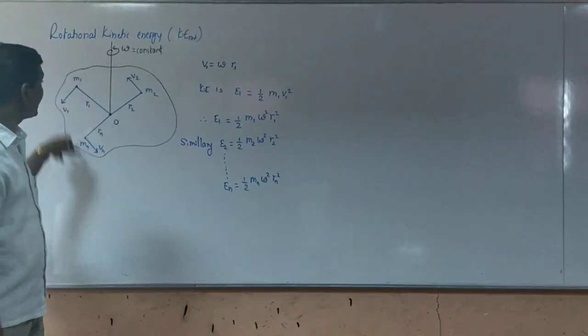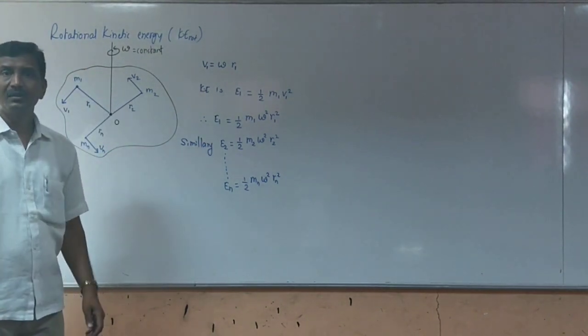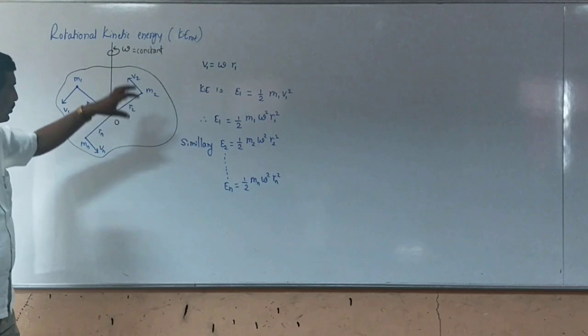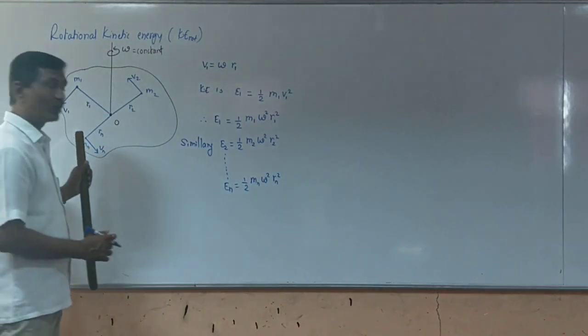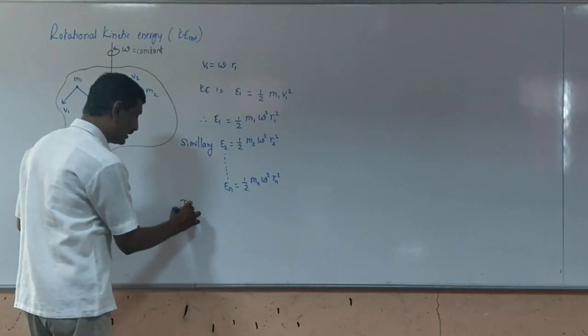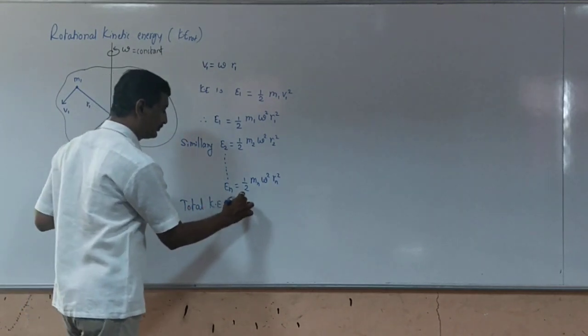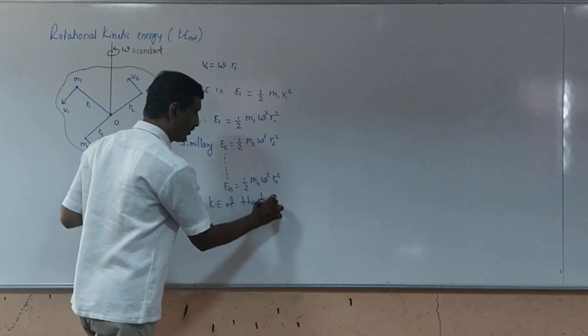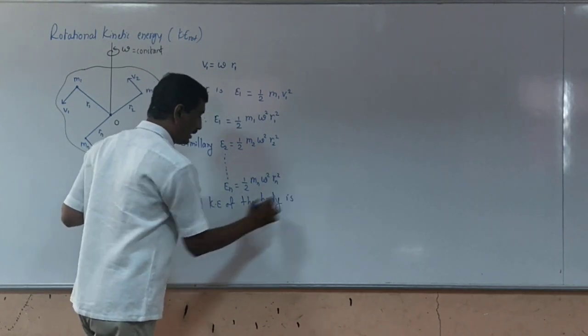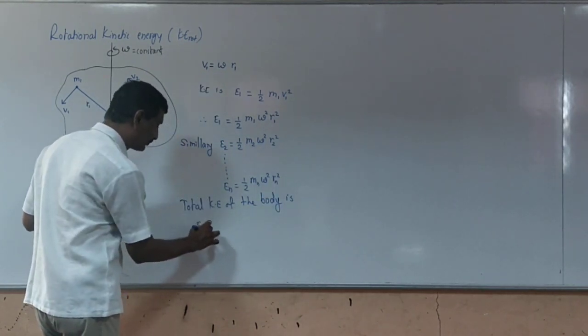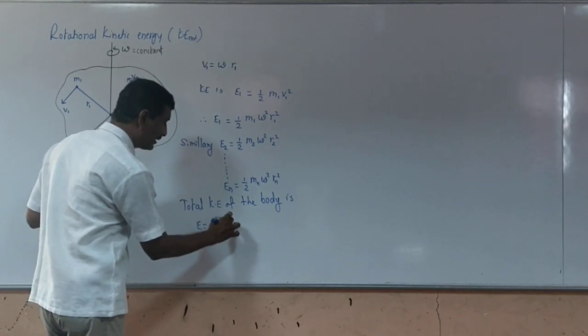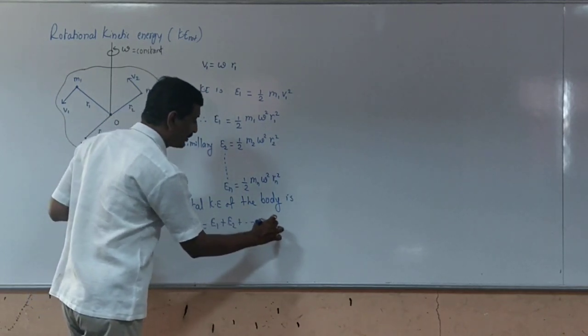Now all those particles are part of this body. The question is, what is the total kinetic energy of the whole body? The total kinetic energy of the body is E is equal to E1 plus E2 plus dash plus En.